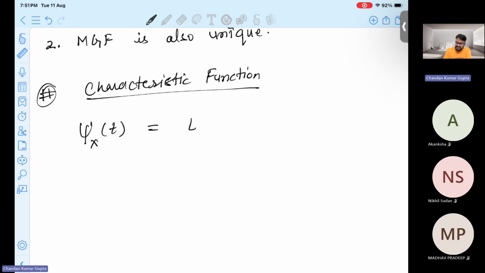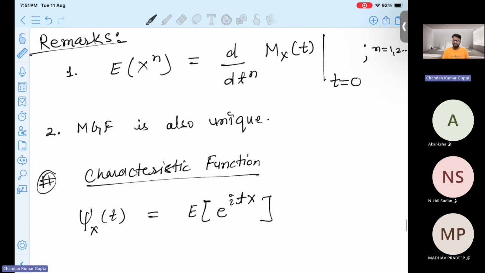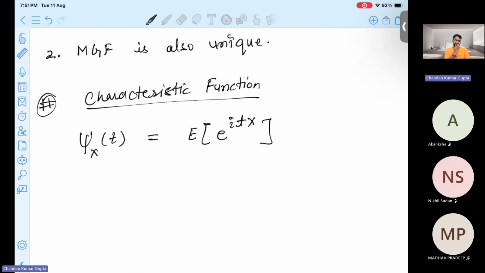It is actually the expected value of e to the power itX. The moment generating function is defined as e to the power tX, and the characteristic function is defined as e to the power itX. Here i is iota, that is the square root of minus 1, the complex unit, and t belongs to the real numbers.